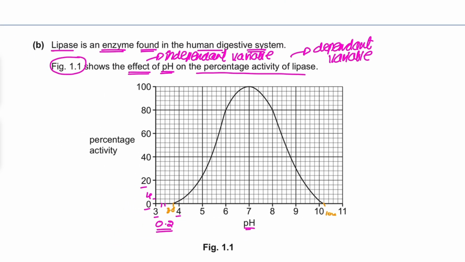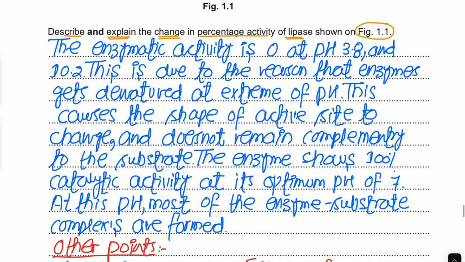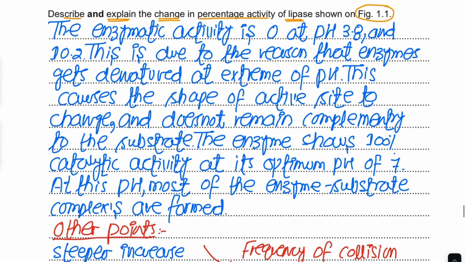So all of what I have explained here, let me just take you to my answer. As I have explained above, the enzymatic activity is zero at pH 3.8 and 10.2, and this is the description point. Right in front of this I have written the explanation: enzymes get denatured at extremes of pH, and this would cause the shape of the active site to change and it would no longer remain complementary to the shape of the substrate.